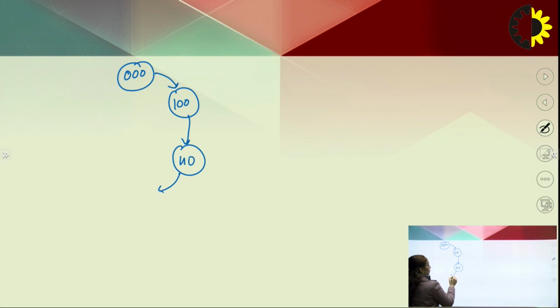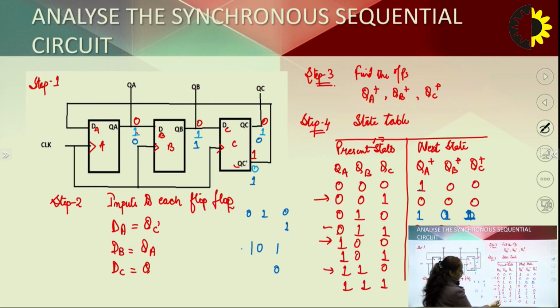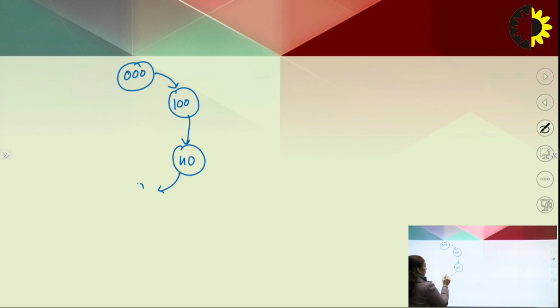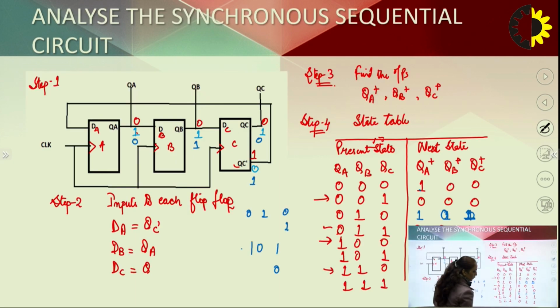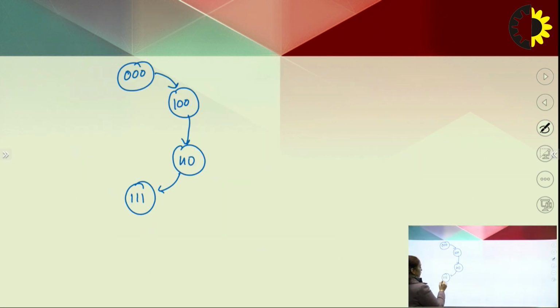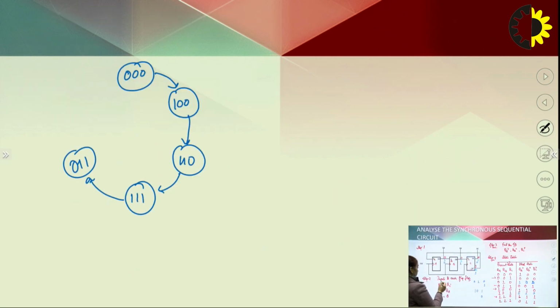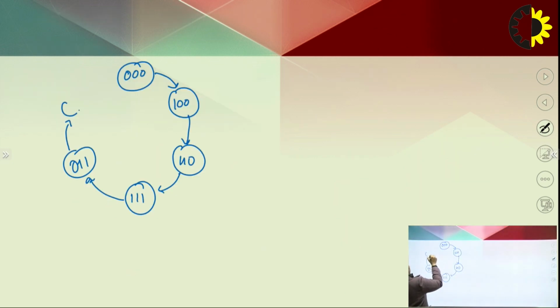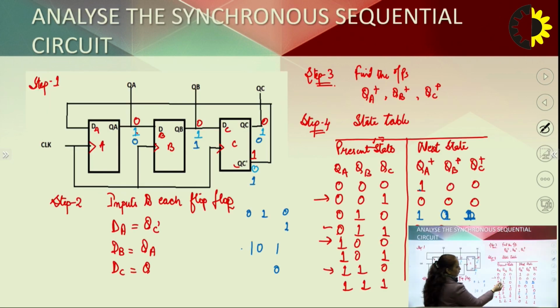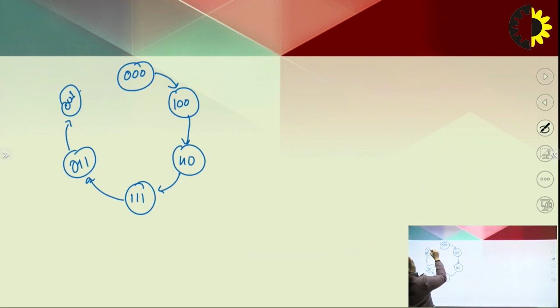Then from 1 1 0 it will go to 1 1 1 state. From 1 1 1 it will go to 0 1 1 state. Then from 0 1 1 it will go to 0 0 1. From 0 0 1 it will again go back to 0 0 0 state, right?